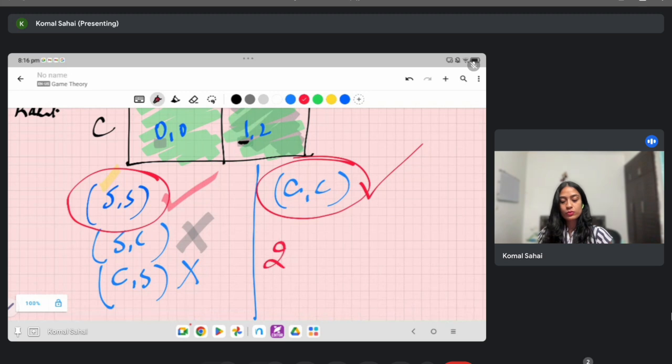Two Nash equilibria, and both of them are stable. So this is a case where the Nash equilibrium is not unique. Any social order in which both of them have settled on going to Rahul's favorite thing, to stand up, or both of them have decided to go to clubbing, will be stable.